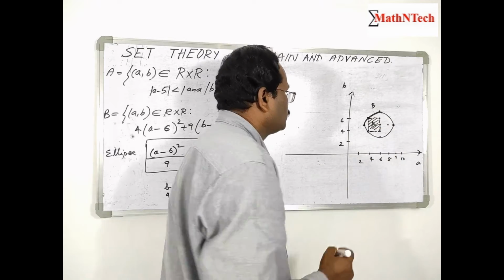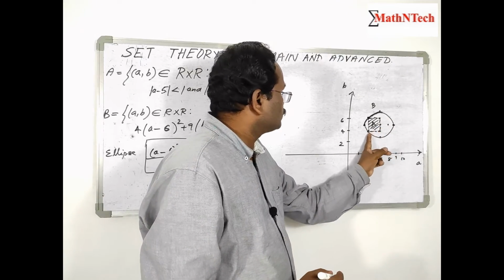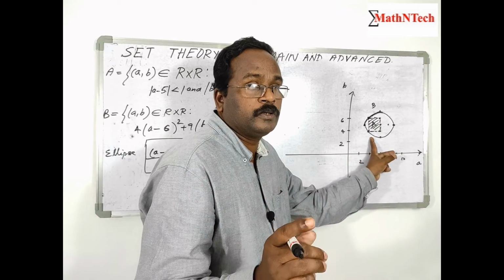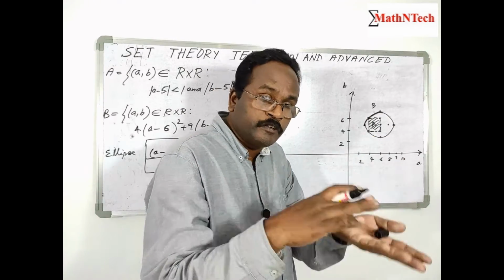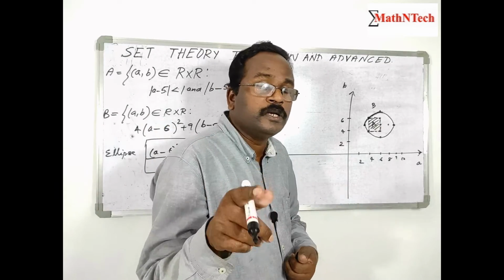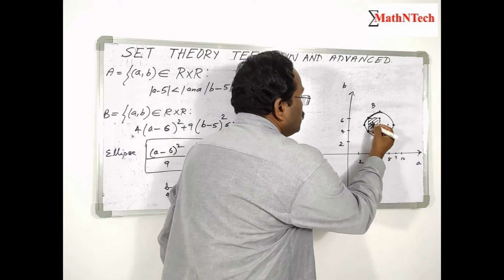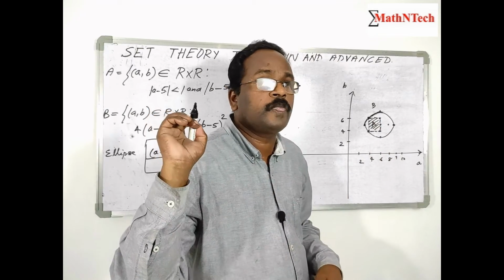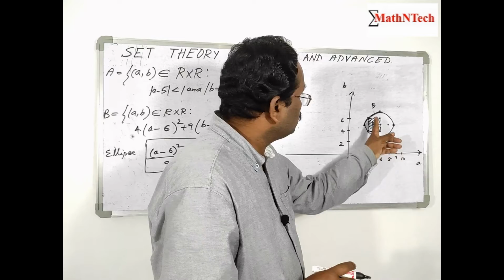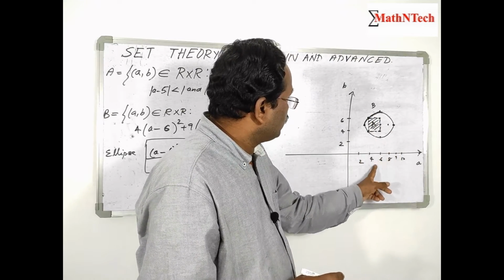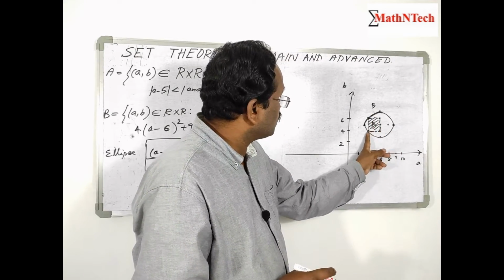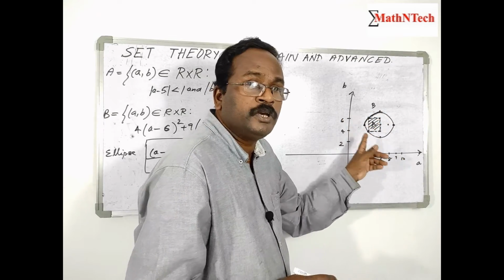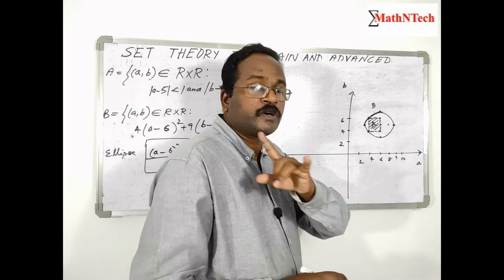That gives a rectangle. So A value 4 to 6, B value 4 to 6, that rectangle without boundary, that is, A and B between 4 and 6, not equal to 4, not equal to 6. That rectangle without boundary, the interior points of the rectangle, is our set A.